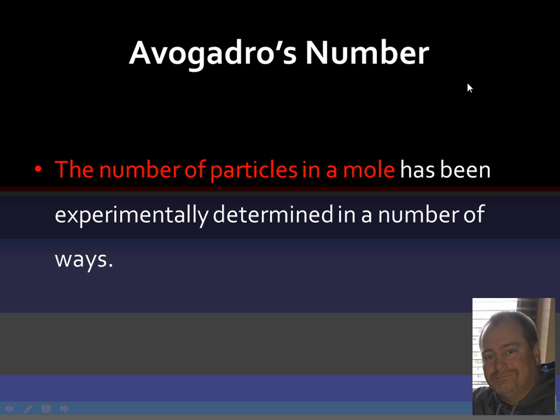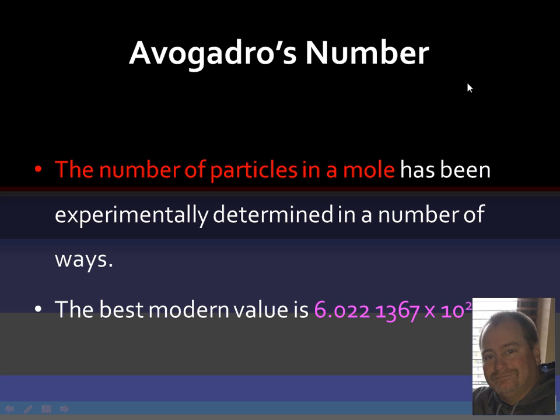Well, that leads us to Avogadro's number. Avogadro's number is the number of particles in a mole. You're going to learn to love Avogadro's number of particles in a mole. The best modern value given for Avogadro's number is 6.022 times 10 to the 23rd.